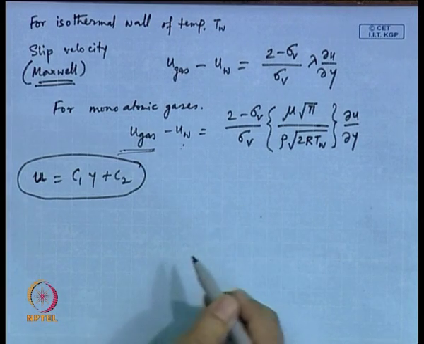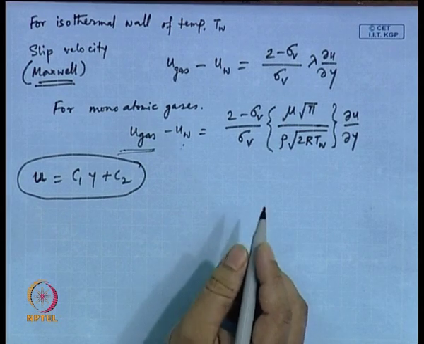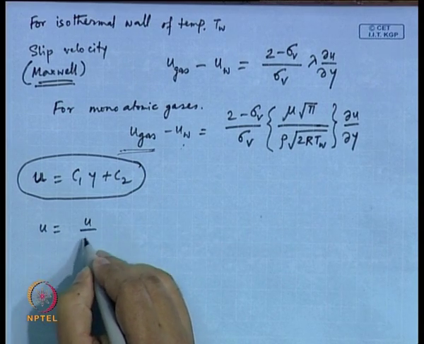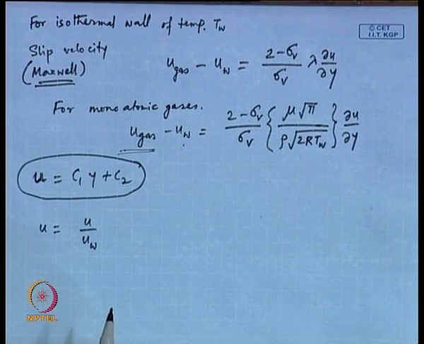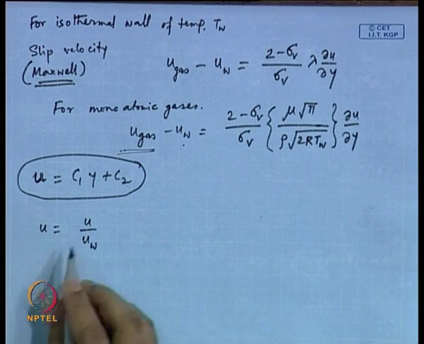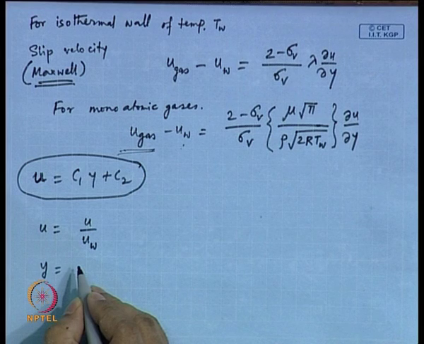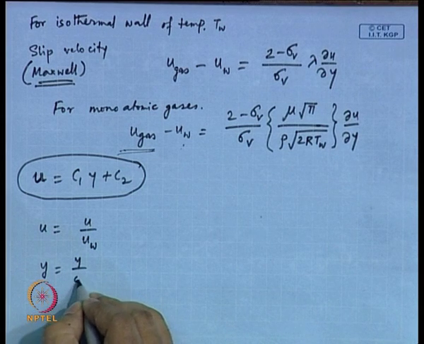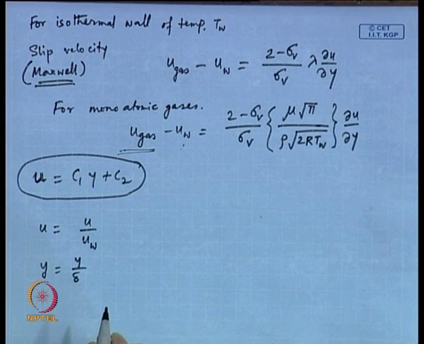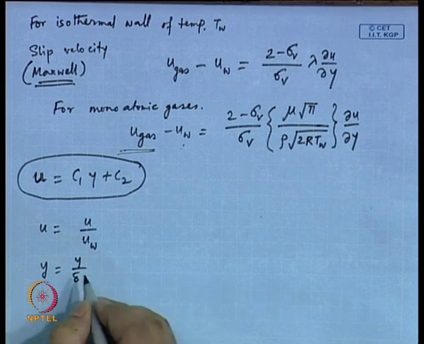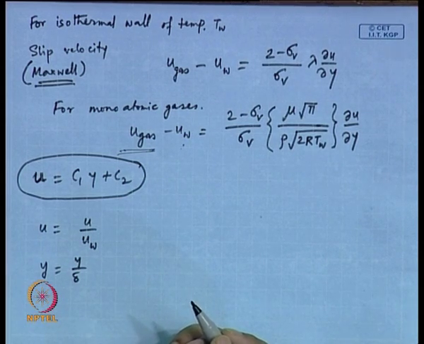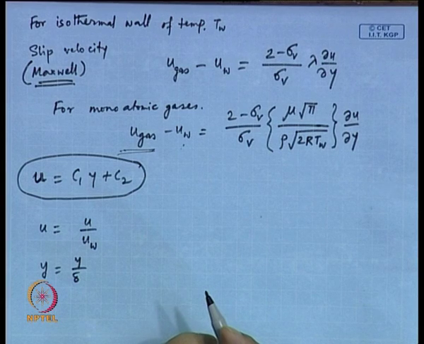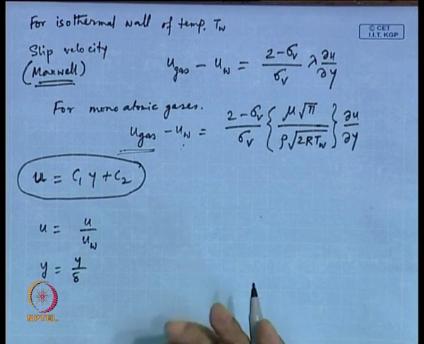So, how do you do it? We write u is equal to u by u w. We try to make this dimensionless, and y is equal to y by delta. I mean, delta is equivalent to h, just because we have moved from no slip to slip, from a macro channel, a macro case, to a micro case.